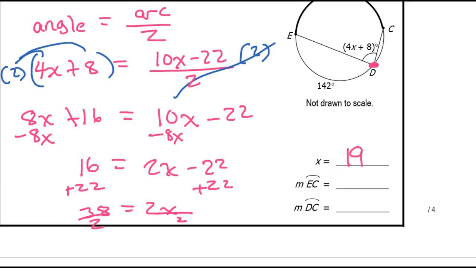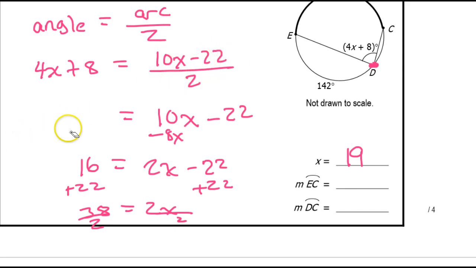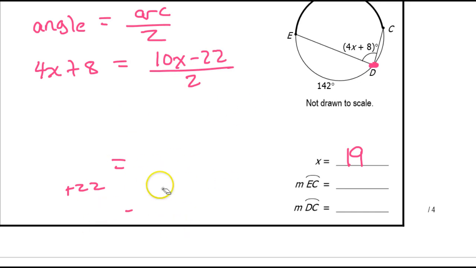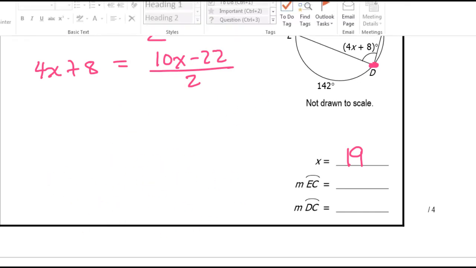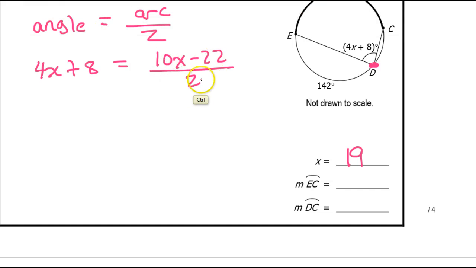Now a slightly different way I could have done it. Because it just so happened that both of these are divisible by 2, instead of multiplying both sides by 2, I could have divided both of these by 2.